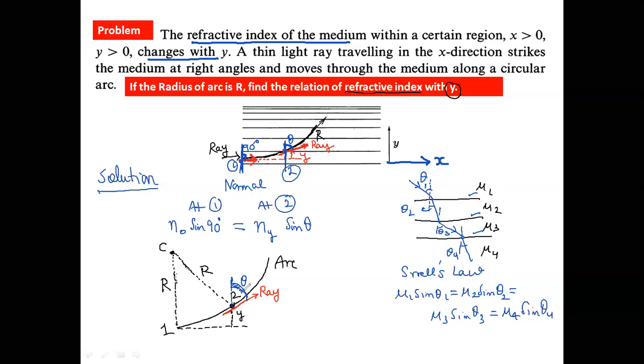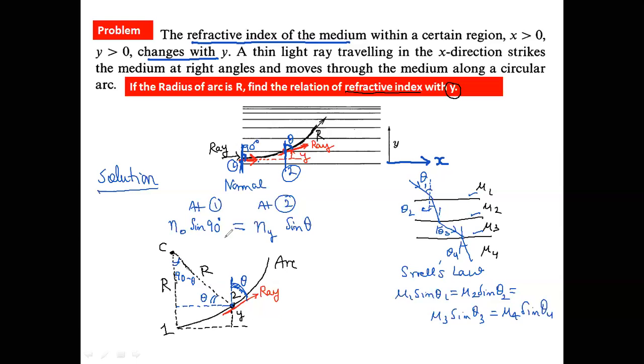If this angle is theta, you can prove that this angle will be 90 minus theta. If I draw a horizontal line through point number 2, then this angle can be considered as theta.